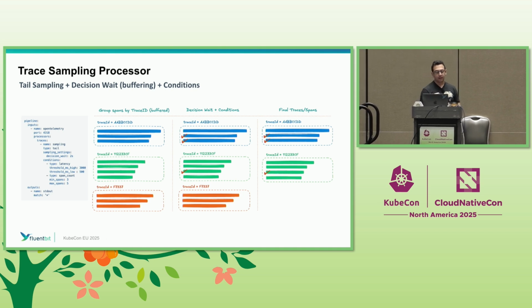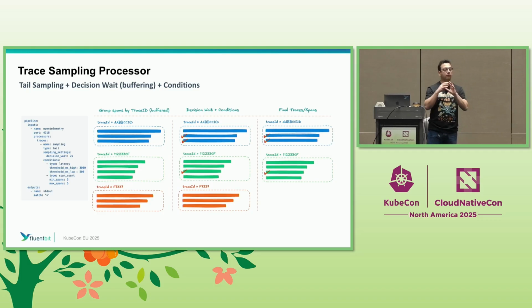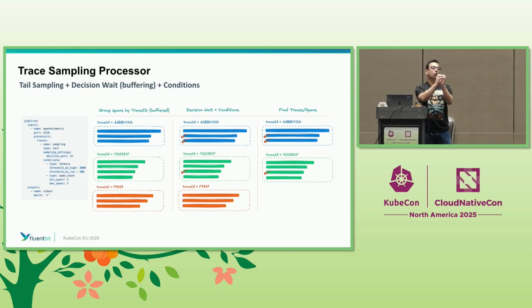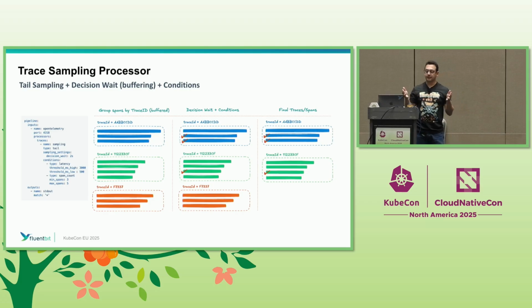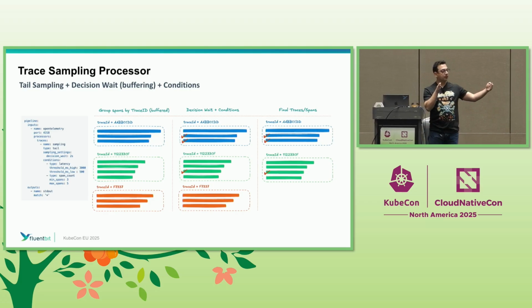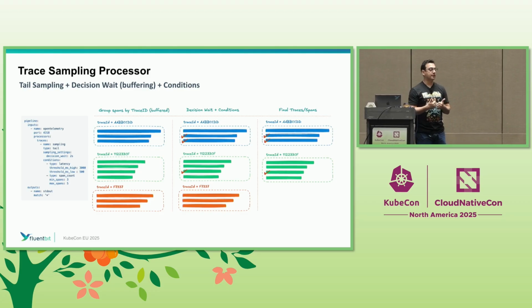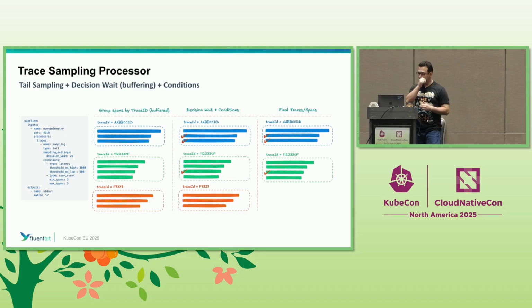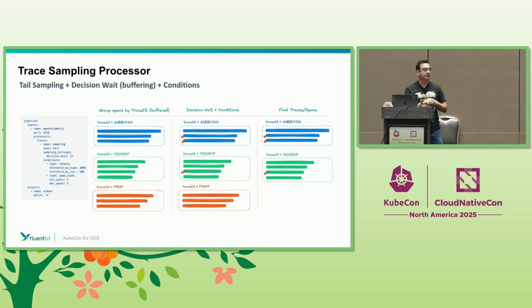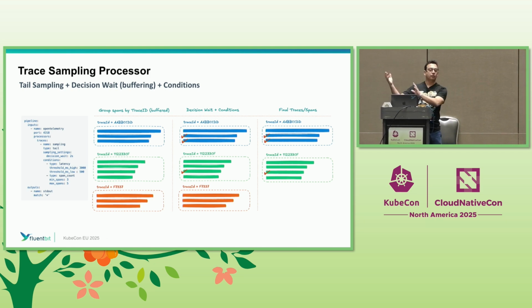The more complex one is what we call tail sampling. Tail sampling means you set Fluent Bit or the OpenTelemetry collector in an aggregation mode, and you make all the nodes send all the spans, all the traces. And what tail sampling does is create a window of time to receive all these spans. Based on conditional logic, it says if the spans match a certain condition, like this is the span name or the span has certain latency, I'm going to send the whole trace to my backend for analysis.